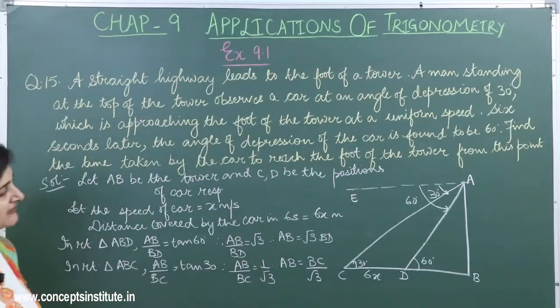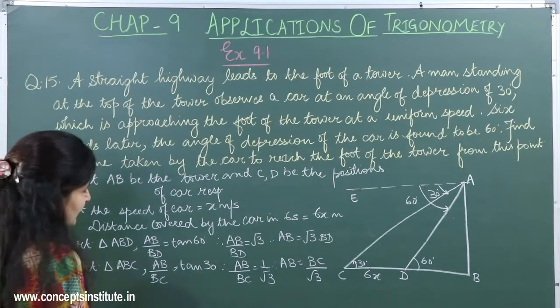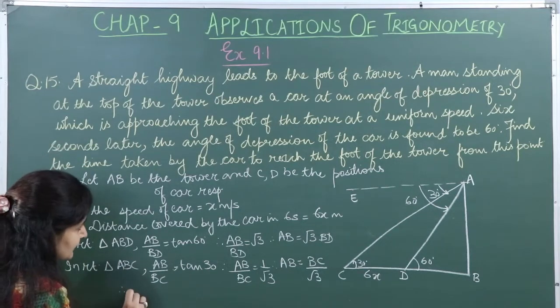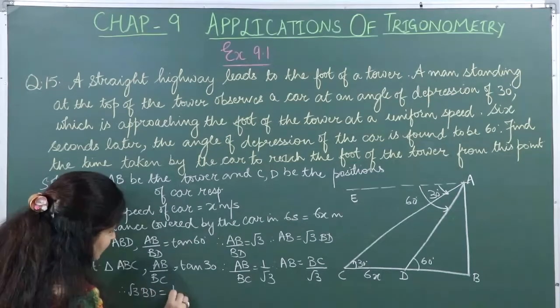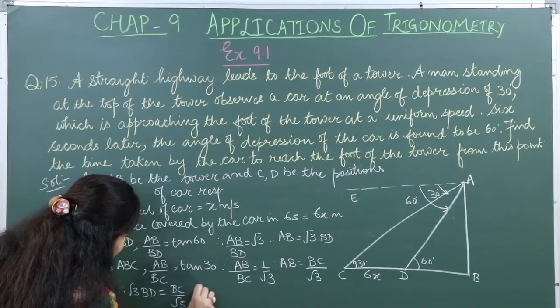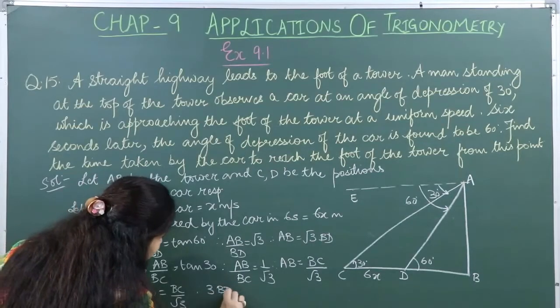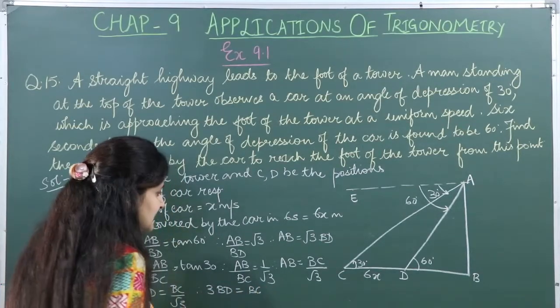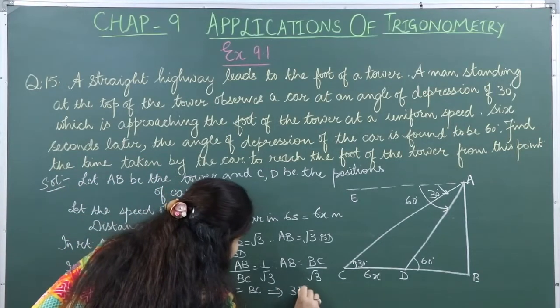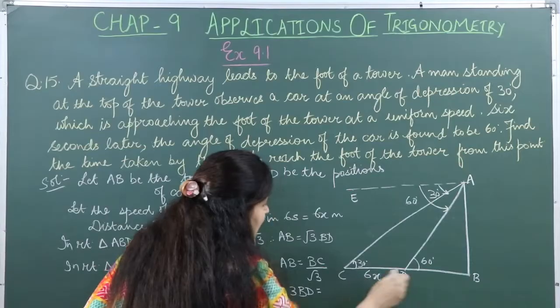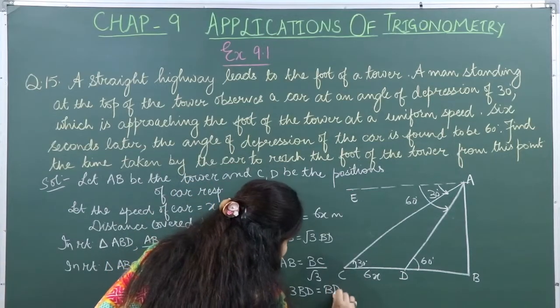Now these both are the values of AB, so I can easily equate them. So what would I get? Therefore root 3 BD would be equal to BC upon root 3. So therefore 3 times BD would be equal to BC. Now what is BC? BC is nothing but BD plus CD.